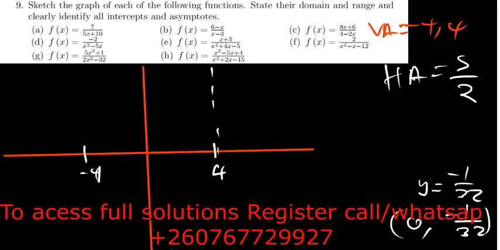I have to put a dotted line, even here, a dotted line. Now, this is the vertical asymptote. The horizontal asymptote is at 5 over 2, which is approximately 2 point something. So let's say this is 1, 2. I'll just put it here. That is going to be my point where I'll have 5 over 2. So I'll put it there.